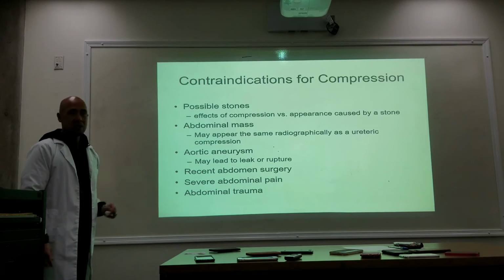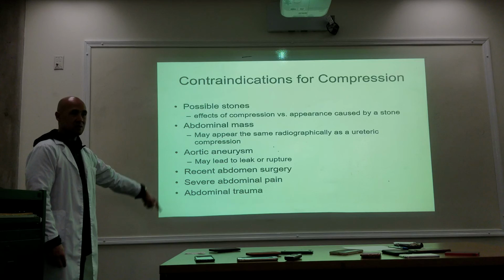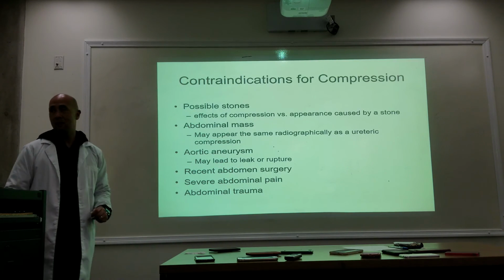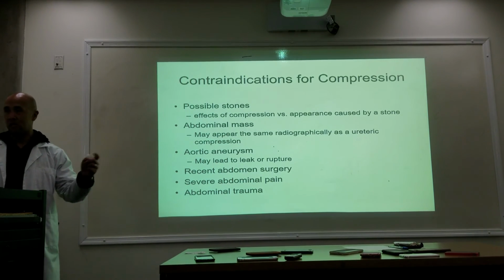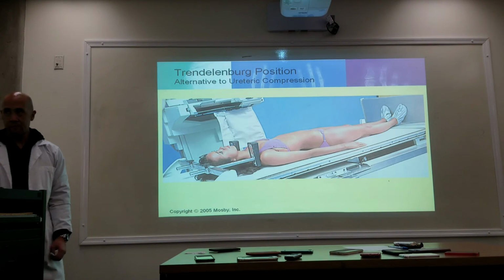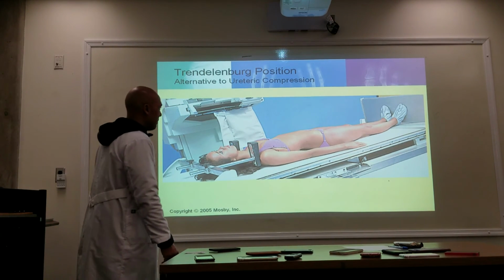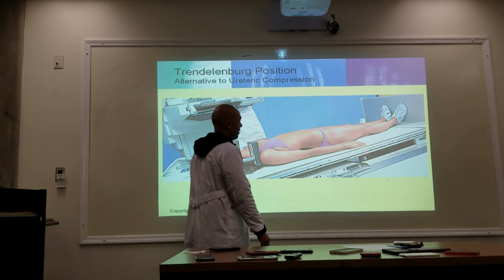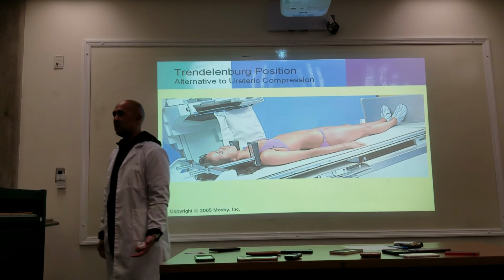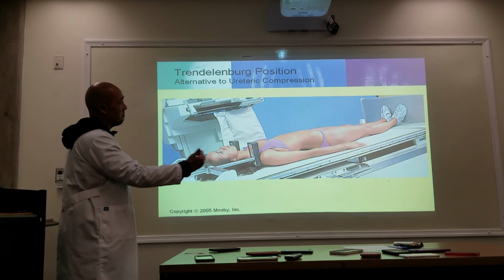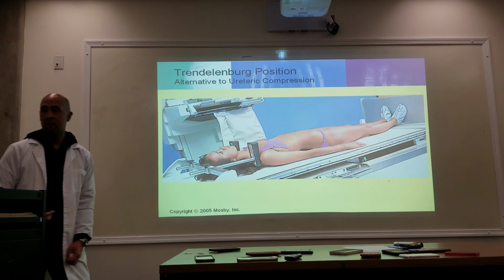You don't want to use that compression paddle for those reasons. Review that; I'm not going to spend too much time on it. Putting the patient in Trendelenburg after they receive contrast has the same effect as a compression paddle because by gravity it keeps the contrast up in the renal parenchyma.